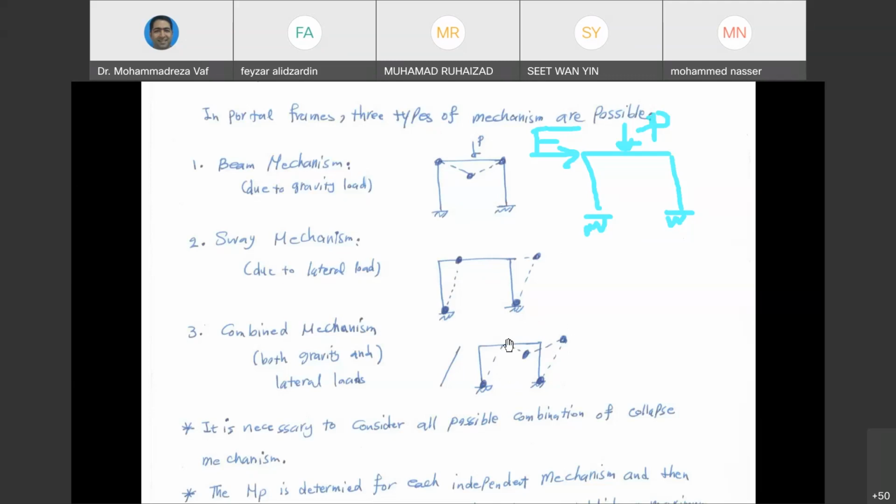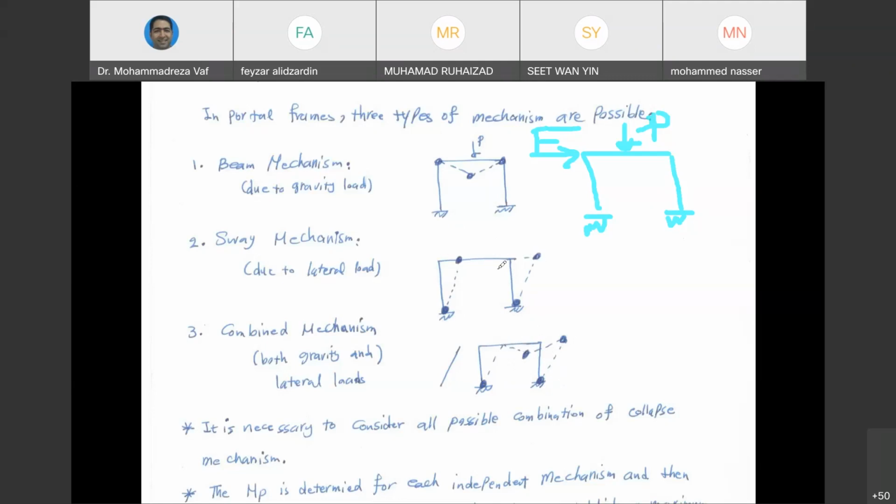So you need to look at the frame and find out the critical location for the plastic hinge. There are some rules, as I said. 2 of the plastic hinges are always at the support in sway and combined. The other 2, if it is combined, one of them is at the location of load, and if it is sway, again at both ends of your beam.